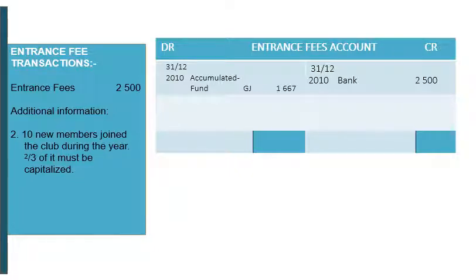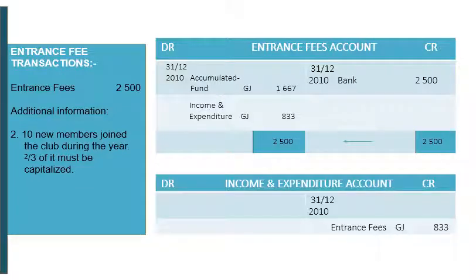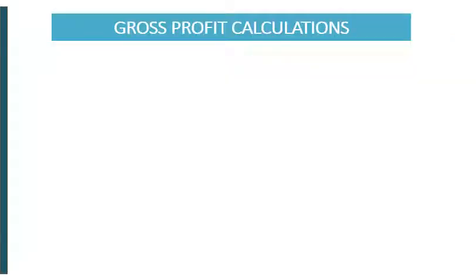Then this account will be closed off with a credit total carried over to the debit side and the missing figure calculated as income that must be transferred to income and expenditure by means of a general journal. The income and expenditure will then be credited with entrance fees of 833. The next requirement of the exercise is to prepare the trading account for refreshments.